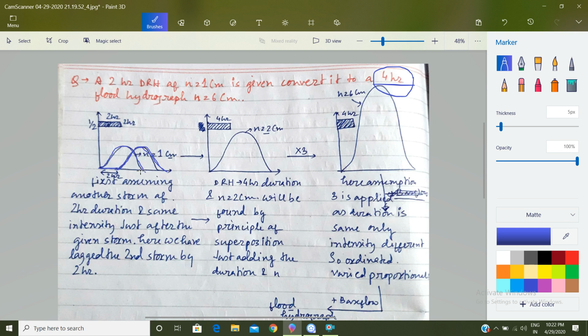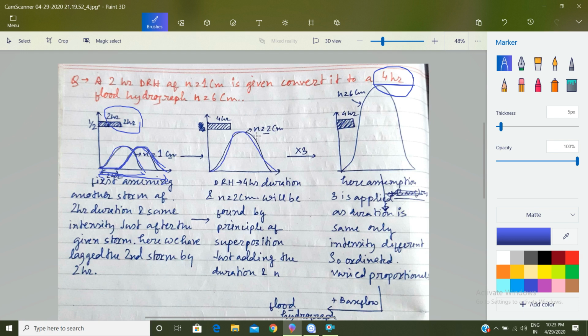So see, from 8 am a storm occurred, and from 10 am another storm occurred, so the time base becomes 2 hours greater than the previous one. Now see what happened during this 4 hour. If we add these two hydrographs, then we are getting this hydrograph.